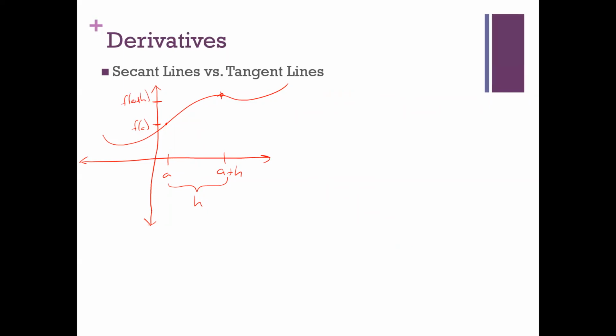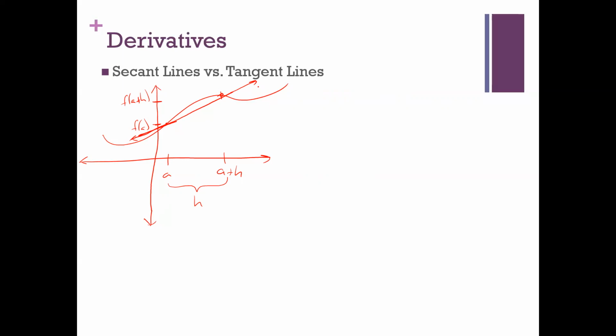So without calculus, all you can really do is join these 2 together with secant lines. What a secant line is, is you just take 2 points on a curve and connect them with a straight line. And as long as you know where those 2 points are, you can pretty easily calculate the slope. I've been doing that for a pretty long time.